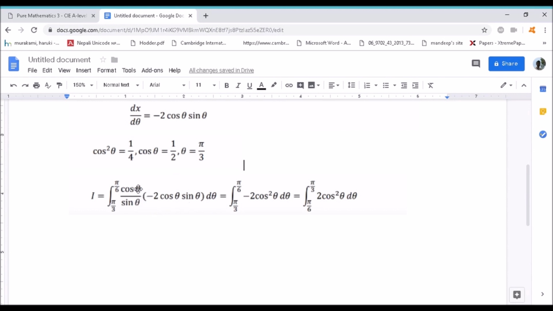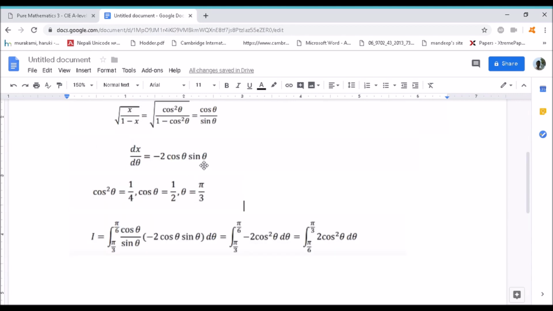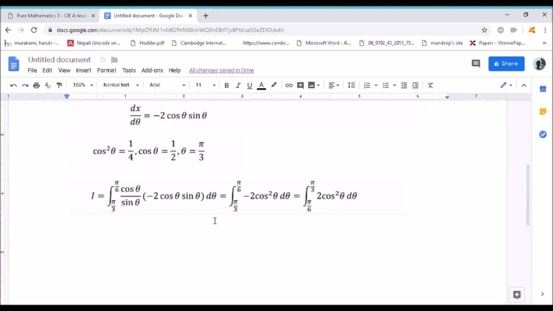And it's better to write plus or minus cos theta divided by sin theta, because when we take this out of the root, we can write plus or minus. I didn't write it because you can understand.